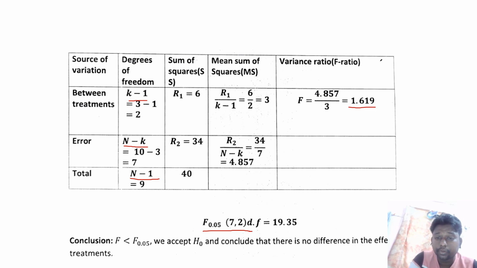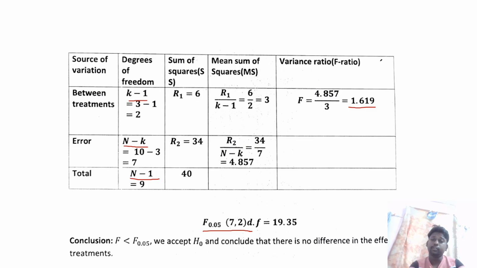From the table we can identify the value for F 0.05 for 7 comma 2. We can get about 19.35. I can explain how to identify this F table value in the next slide, next time. From that we get the F ratio value and the F table value, and we can identify which is greater.